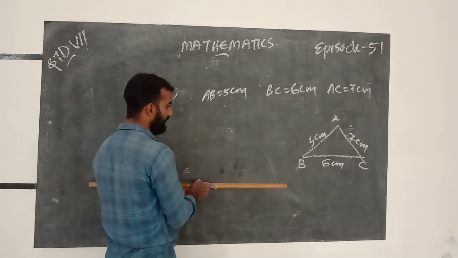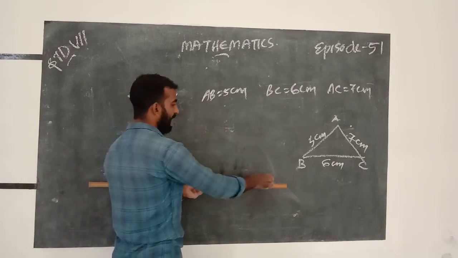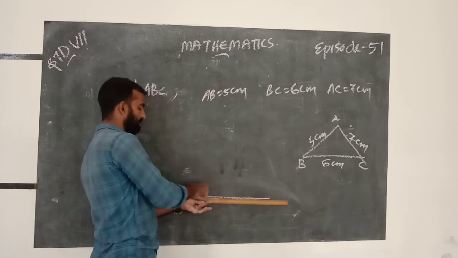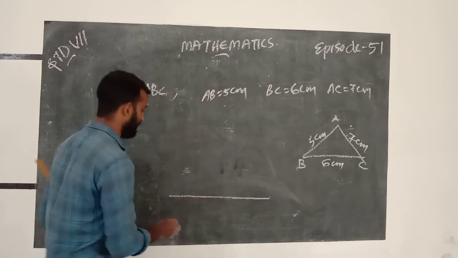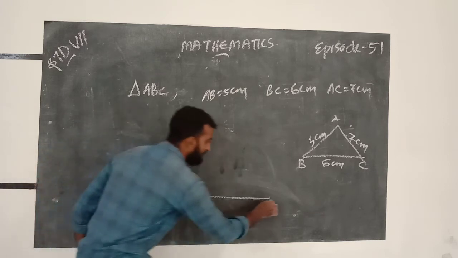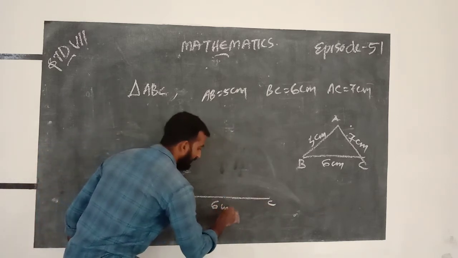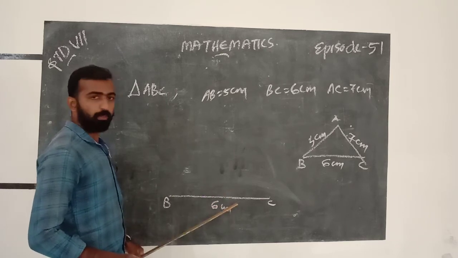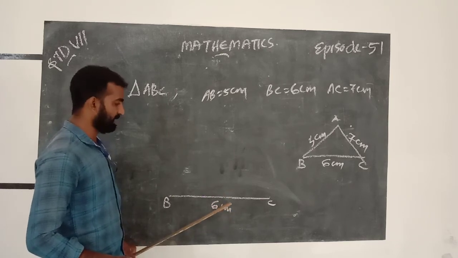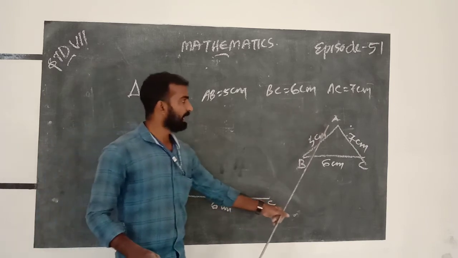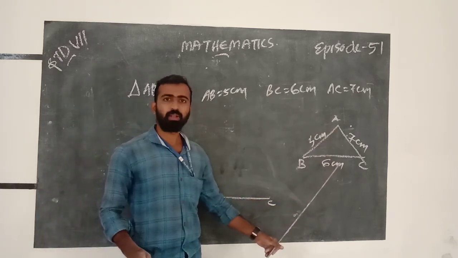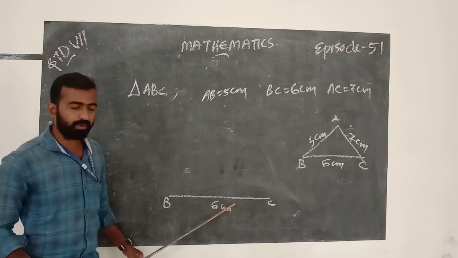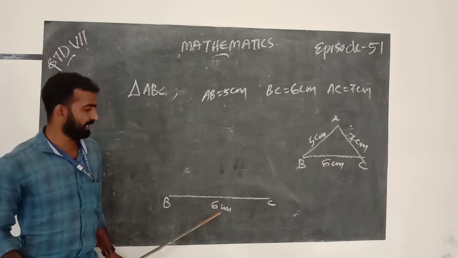We measure and draw a line of 6 centimeter, and name it BC, 6 centimeter. This is the correct 6 centimeter; the rough sketch I drew is just a demo, not the actual measurement, but in the original figure BC is actually 6 centimeter.